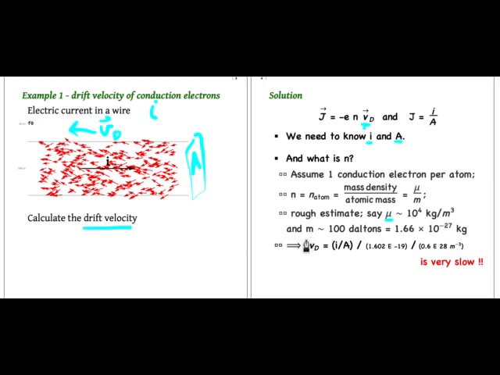And let's say m, the atomic mass for this material, is 100 daltons. A dalton is 1.66 times 10 to the minus 27 kilograms. Well, let's say m is 100 times that.